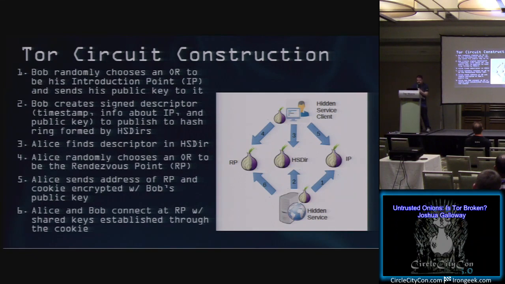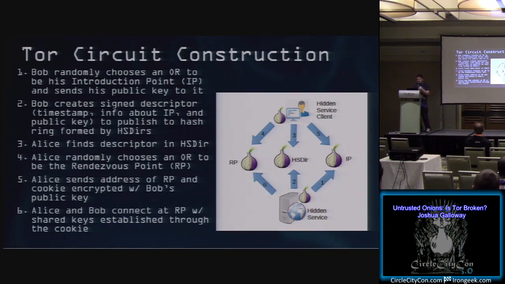It does all that and publishes the information to the hidden service directory. Then Alice, when she's trying to connect to a hidden service, finds that descriptor in the hidden service directory, and then chooses a random onion router to be the rendezvous point. Now that's going to be the middle of the circuit that's formed.